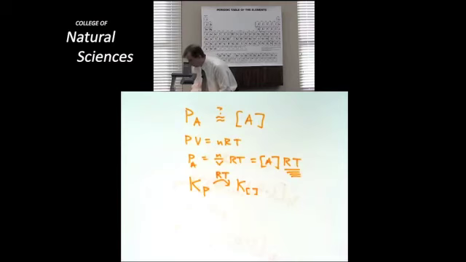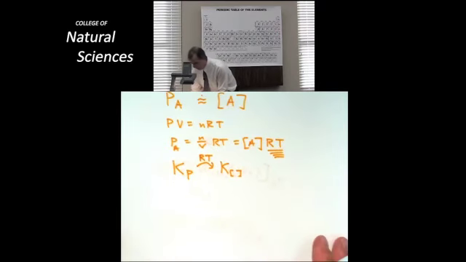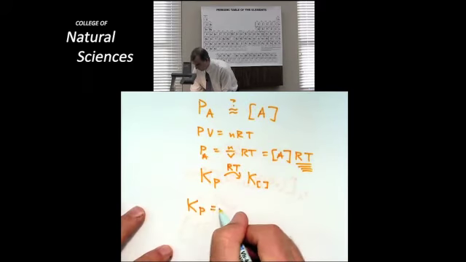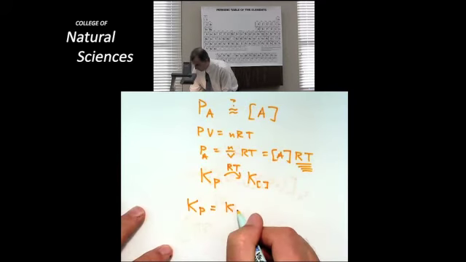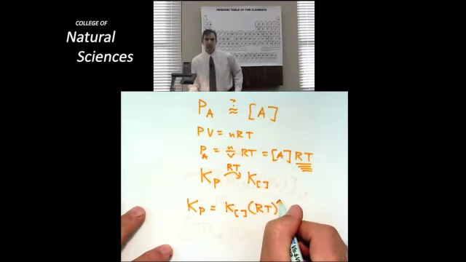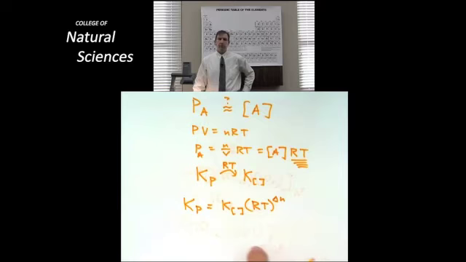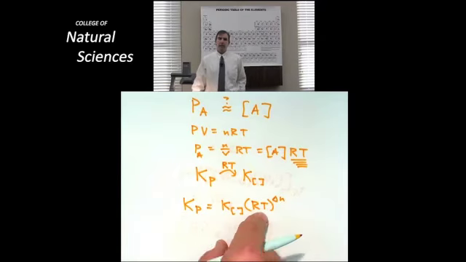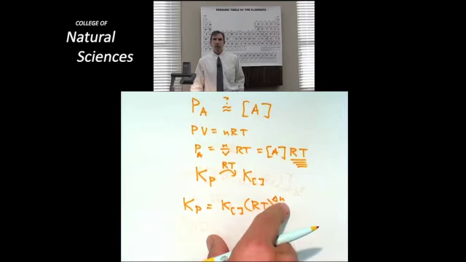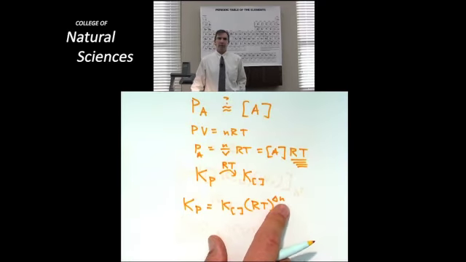So it's pretty simple to derive the fact that Kp is equal to Kc times RT raised to the delta n. This is the expression that allows us to convert a concentration term into a pressure term. You simply take our friend RT, and it's dependent upon the difference in the number of, stoichiometrically, the number of gas molecules sitting in your system.